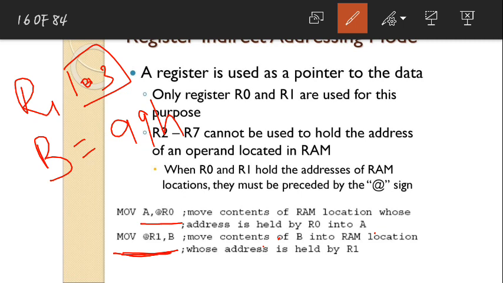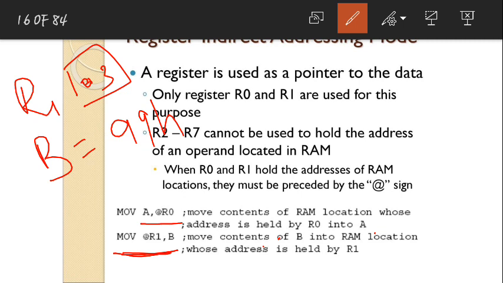Before, @R0 was the source and A was the destination, but now this has changed. @R1 is the destination. So the content of B will be moved to the address which is held by R1. Is that fine?